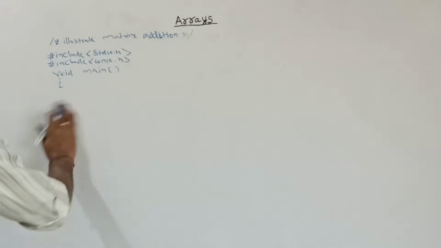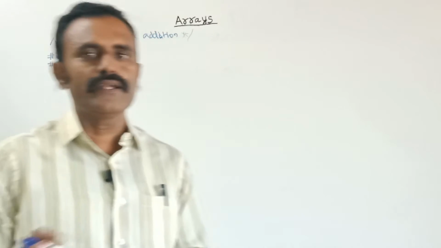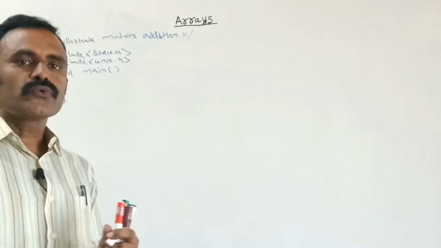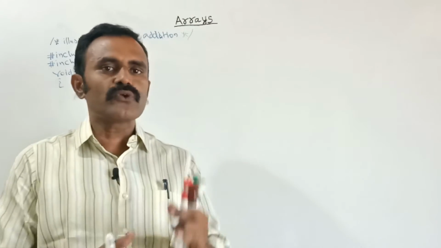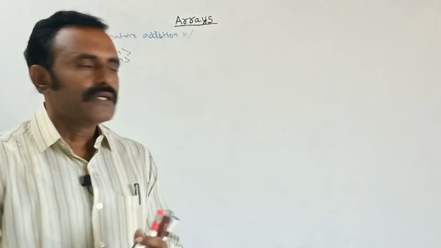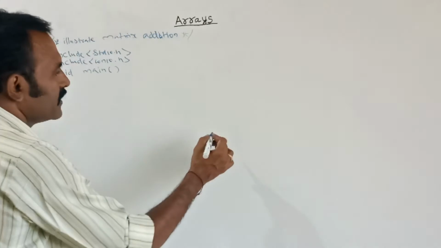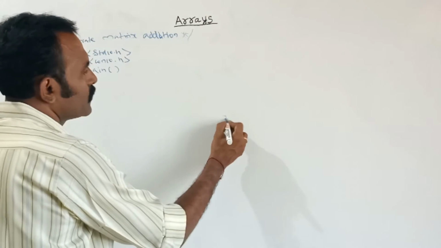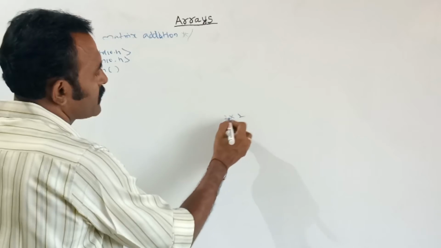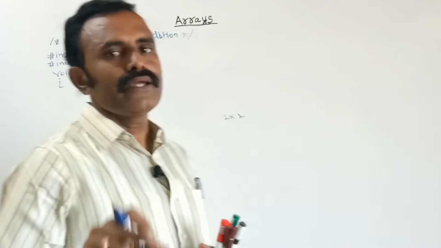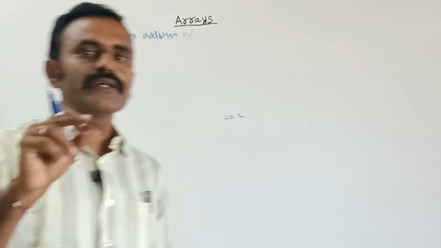One thing you should remember: when we are adding two matrices, they should have the same rows and same columns. For example, if I need to add 2 cross 2 matrices, both matrices should be 2 cross 2 in order.